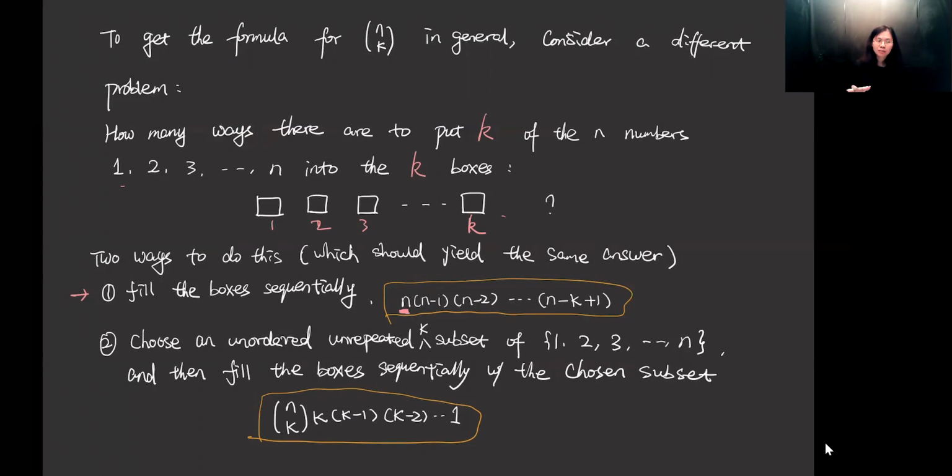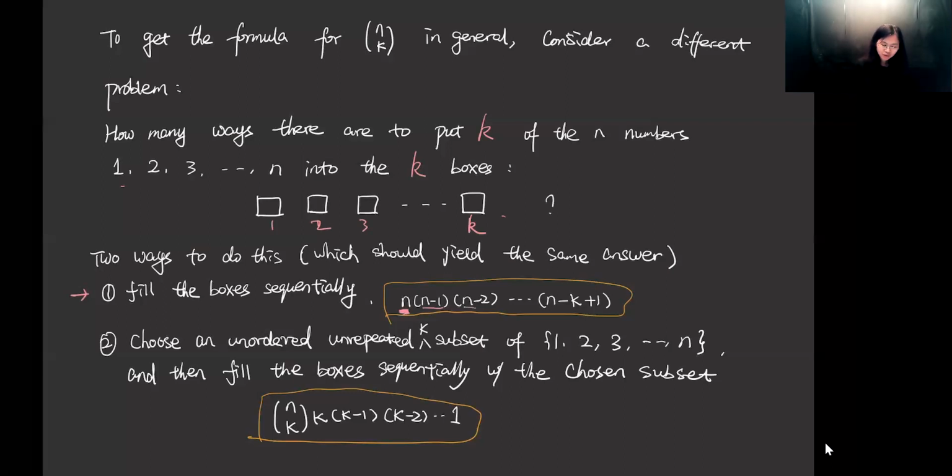Let's choose a number to fill the second box. How many possible numbers are there to choose from? Now there are only n-1 ways to fill the second box because you have used one number already to fill the first box.